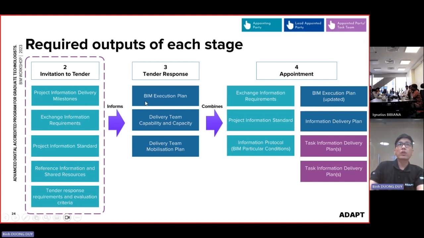To respond to that, we need to provide a BIM execution plan before appointment. That's why we call it the pre-appointment BIM execution plan. It is colored blue, meaning the lead appointed party, the person trying to win the tender, needs to provide that. So this is the lead appointed party. The answer should be B.